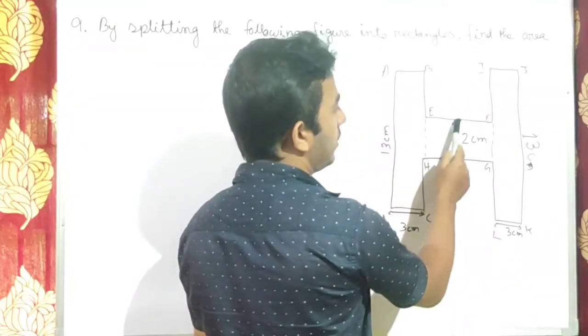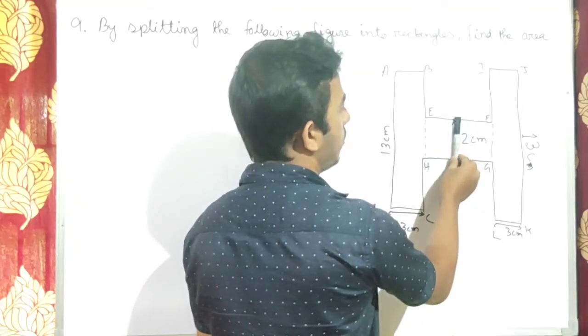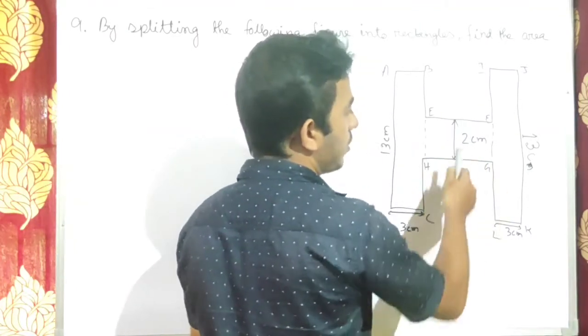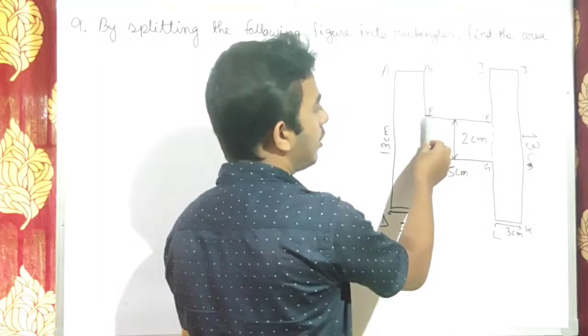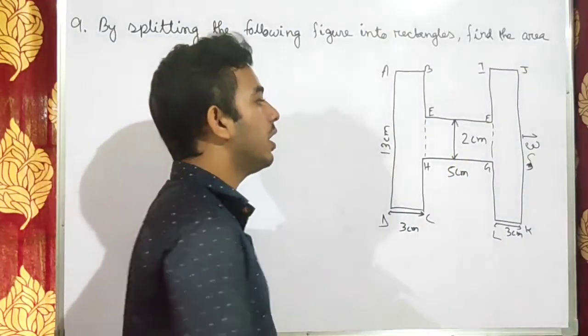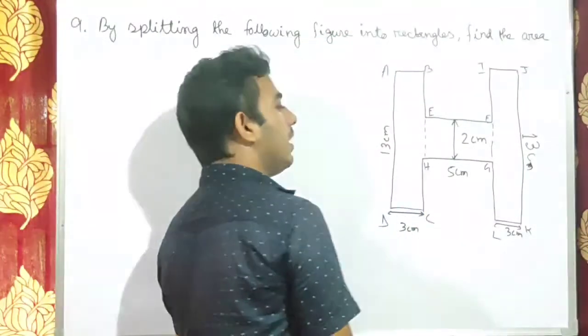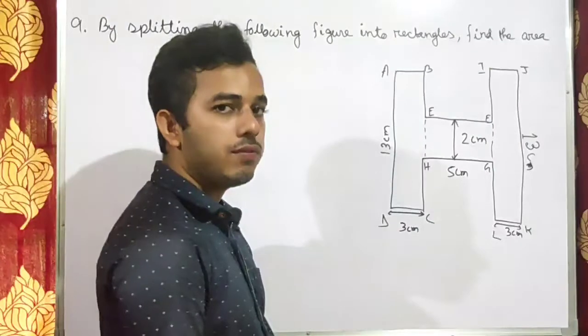Here it is given the distance between EF and GH, this is 2 centimeter. Clear? So if this is 2 centimeter, the length of EH will also be 2 centimeter. Then we also have its length, that is the length of HG, 5 centimeter.